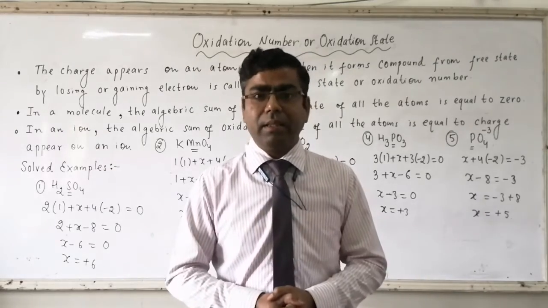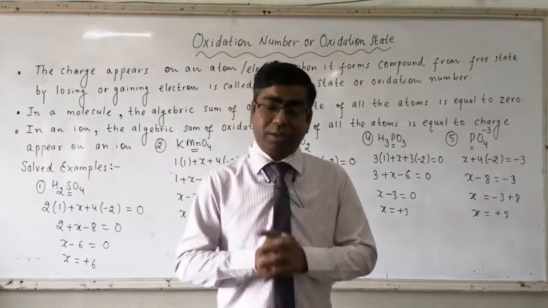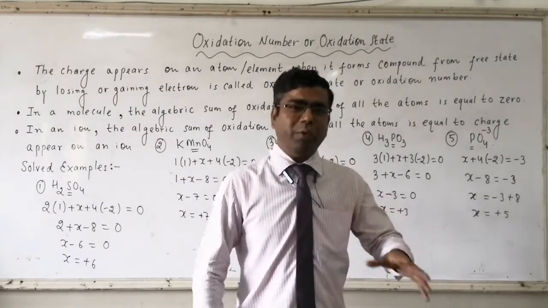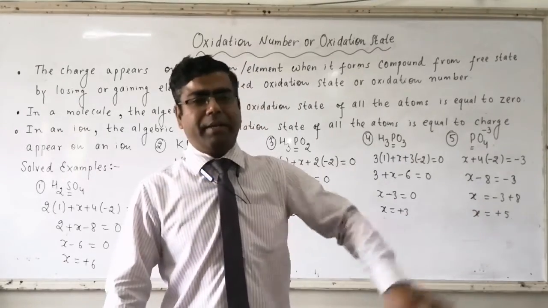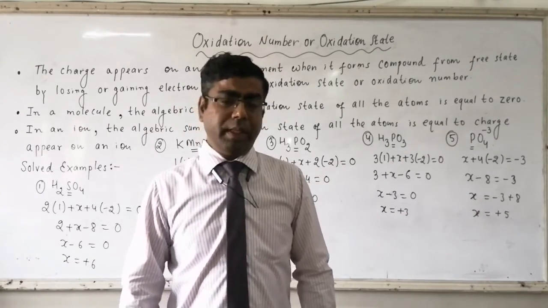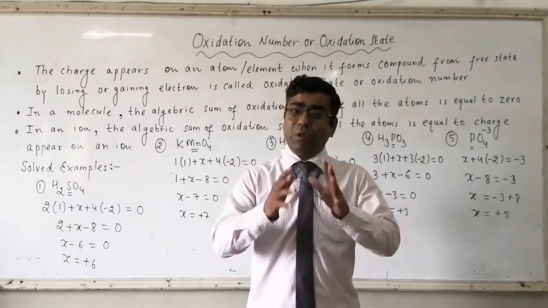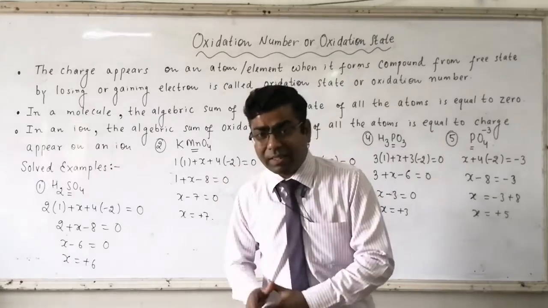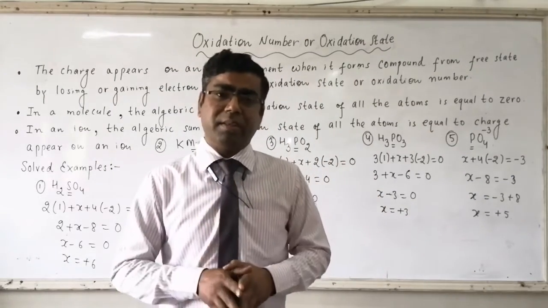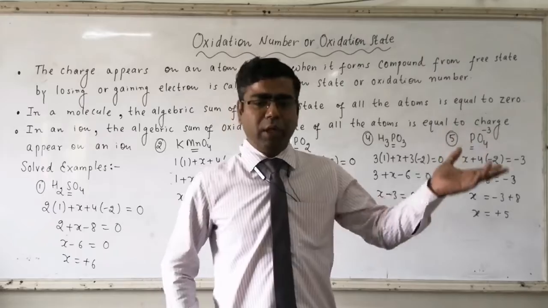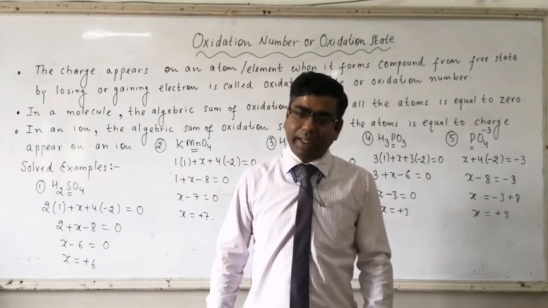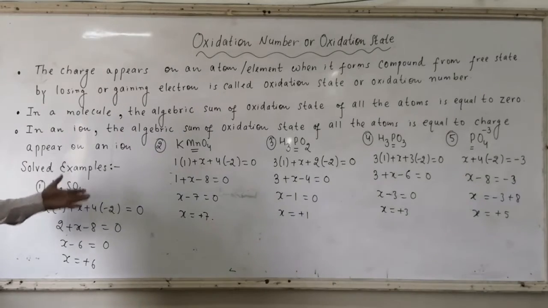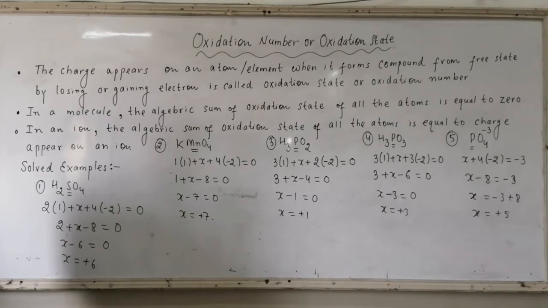In that case, the algebraic sum of the oxidation states of the atoms present in the ion is always equal to the charge on that ion. In a molecule, positive oxidation state is always equal to negative oxidation state, but in an ion, positive oxidation state is never equal to negative oxidation state. That's why charge is developed.